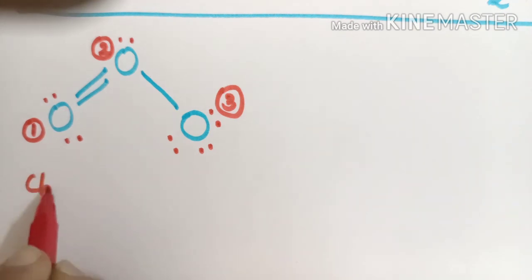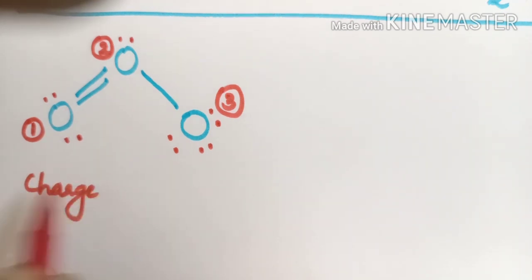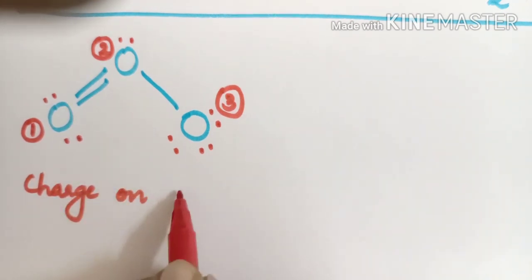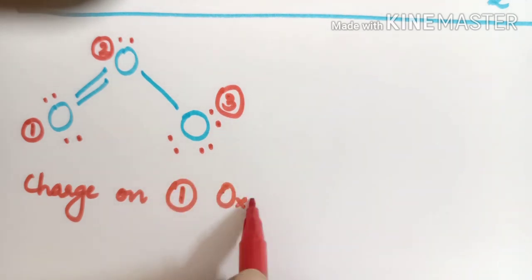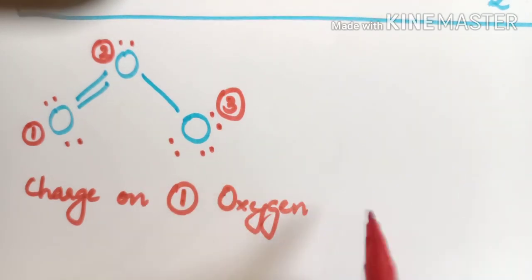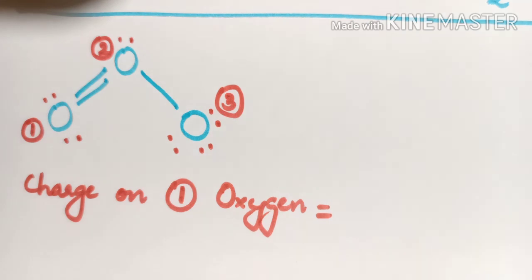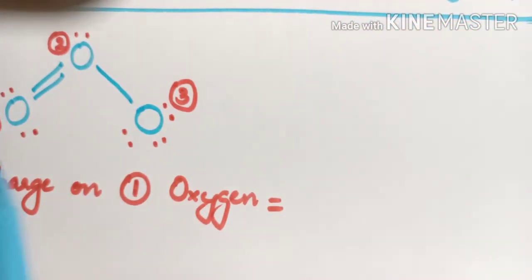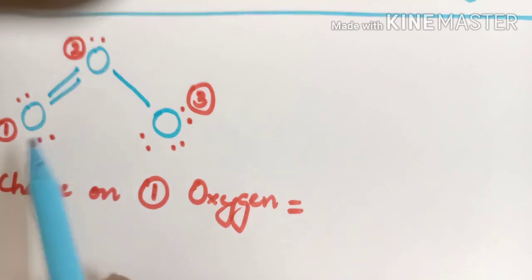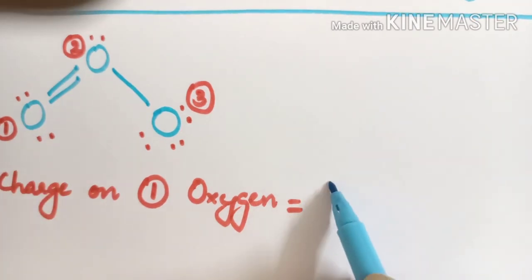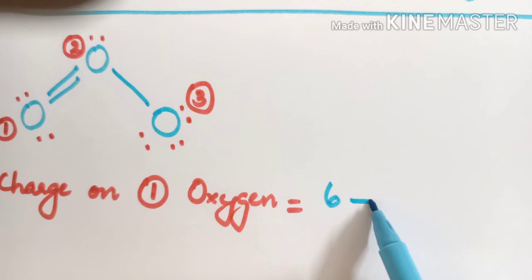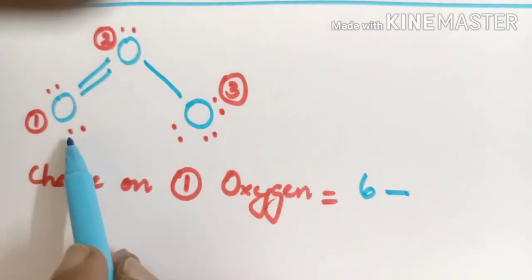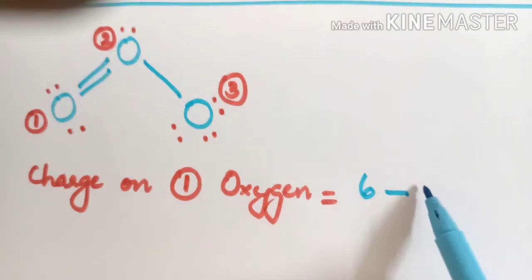So the charge on the first oxygen is equal to, what is the valency of the first one? Oxygen belongs to group 16, so valence electrons will be 6, minus how many lone pairs are there? 2 lone pairs, so the total number of electrons will be 4.